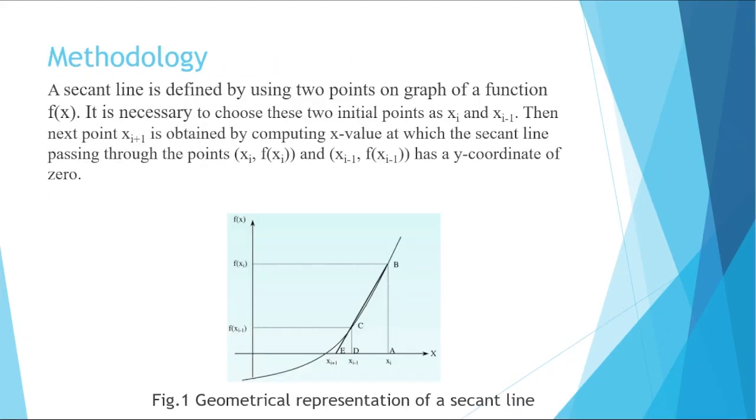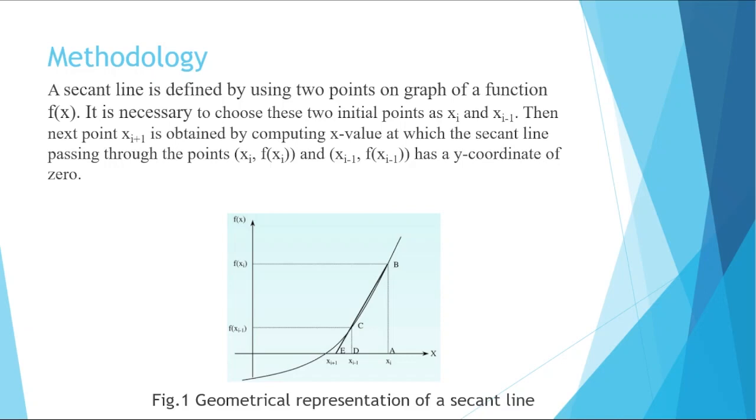Talking about the methodology, we know that the secant method involves using the secant line to approximate the root of the function. So let us consider a function f of x and choose two initial points x_i and x_{i-1} on the graph so that we can define a secant line. These two points define a secant line that passes through the points (x_i, f(x_i)) and (x_{i-1}, f(x_{i-1})).